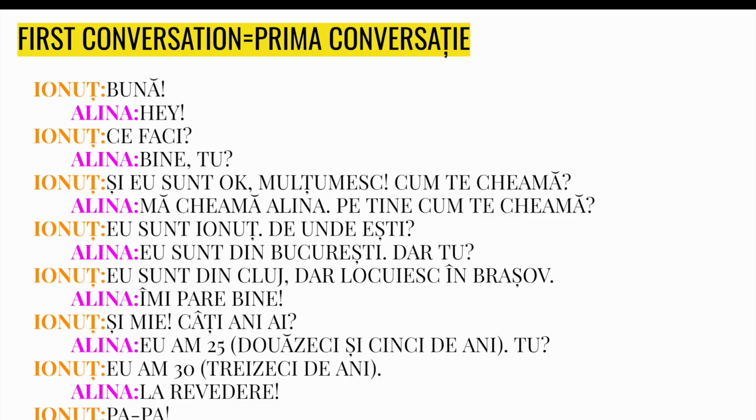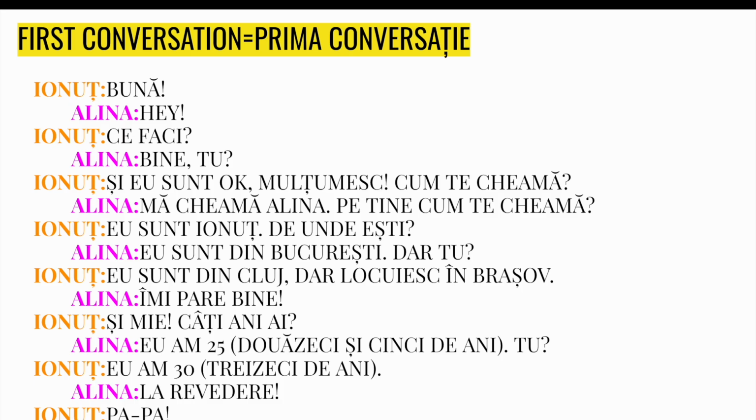Eu sunt din Cluj, dar locuiesc în Brașov. Îmi pare bine și mie. Câți ani ai? Eu am 25 de ani. Tu? Eu am 30 de ani. La revedere! Pa, pa!